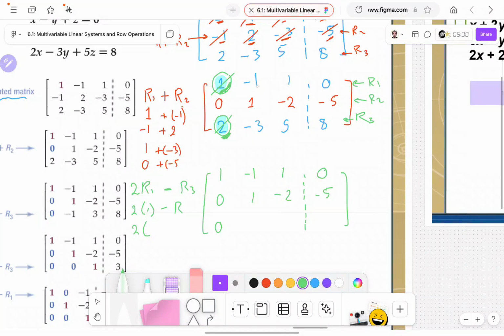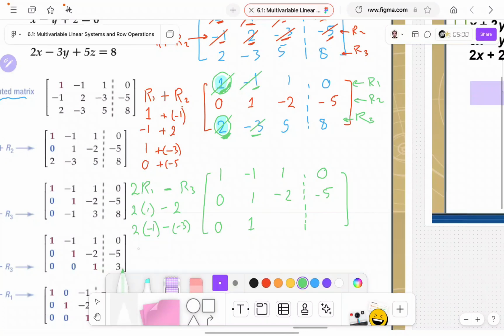2 times row 1 is negative 1, minus row 3. Row 3 is negative 3. So 2 times negative 1 is negative 2, plus 3, so the answer is 1. We finish this.